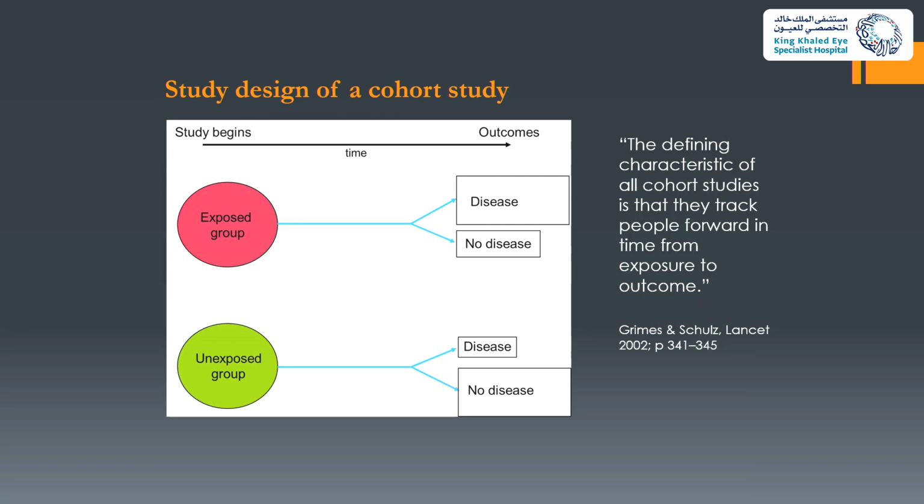It takes people forward from exposure to outcome. So here, you have the exposed group and you have the unexposed group, and both are followed over time. Some of the people in this group will develop disease and some will not. And some in this group will develop disease and some will not.